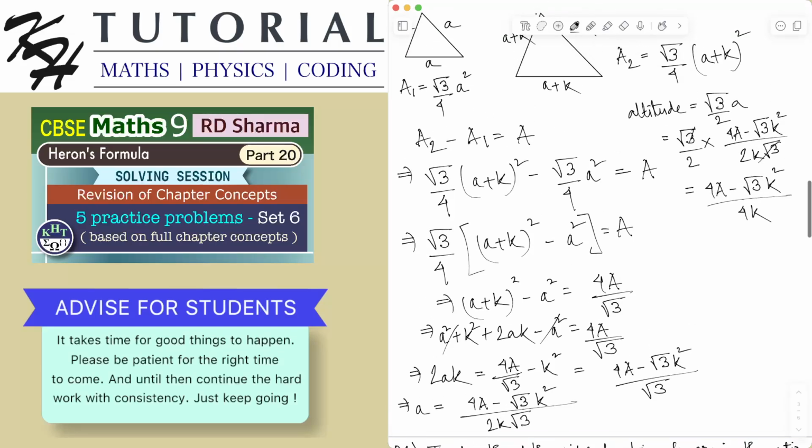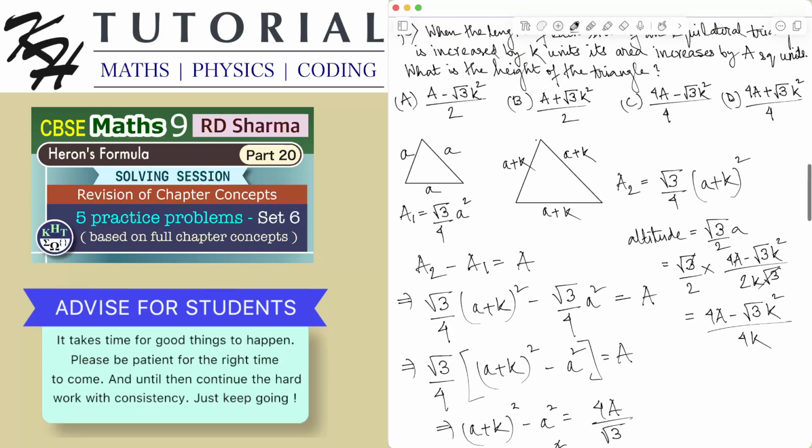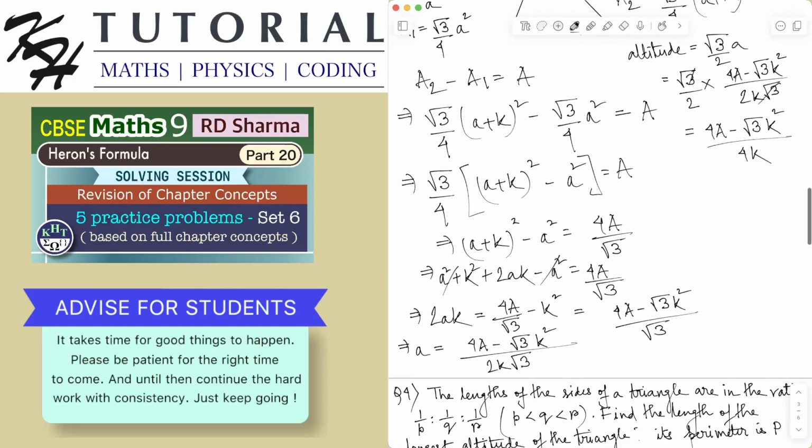The altitude will have a k in the denominator. I'm sorry, in all these choices there should be k. I forgot the k. So the correct choice is C. C is the correct choice. Let's see the next problem.